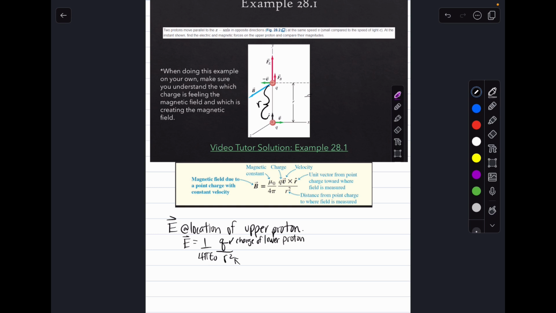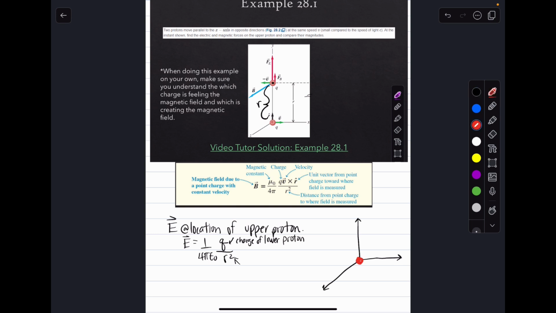So what's the direction of the E field? Directly away from the guy creating it. So if we want to know the field right here, directly above that charge, pretend like there's no charge there. Actually, let's redraw this picture with only the lower proton.